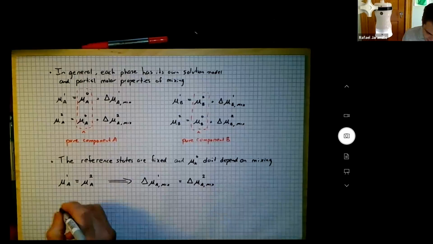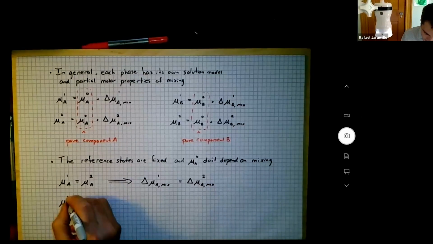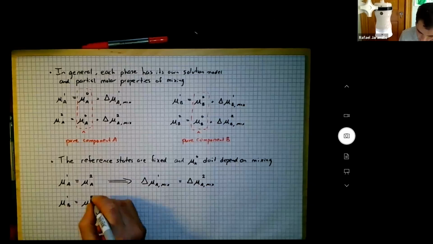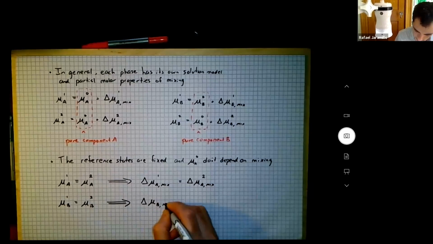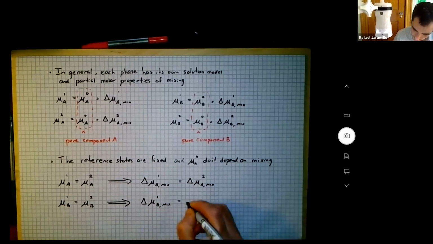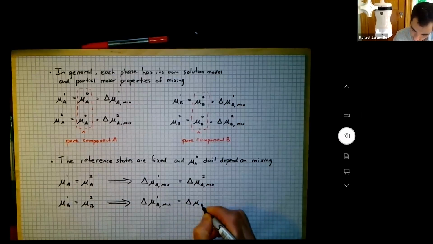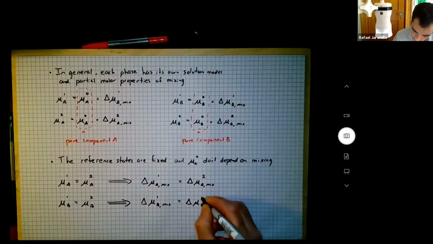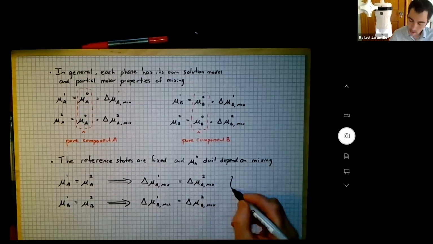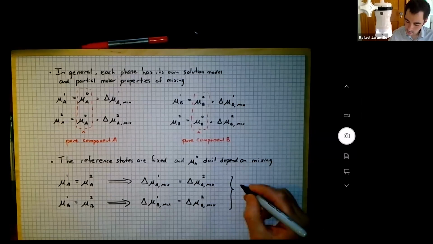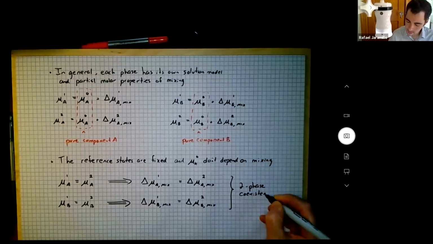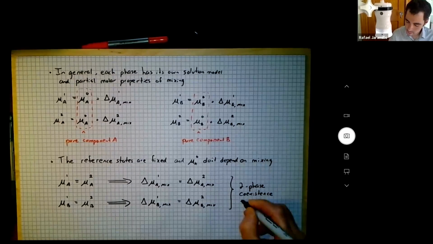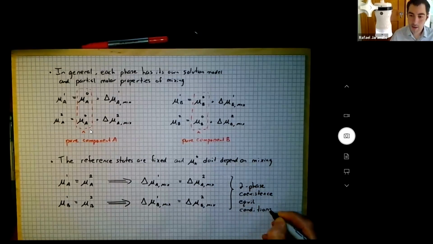And similarly, mu B1 equals mu B2, so delta mu B of mixing 1 equals delta mu B of mixing 2. And these are our two-phase coexistence equilibrium conditions.